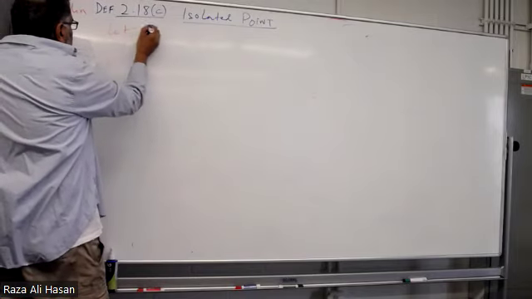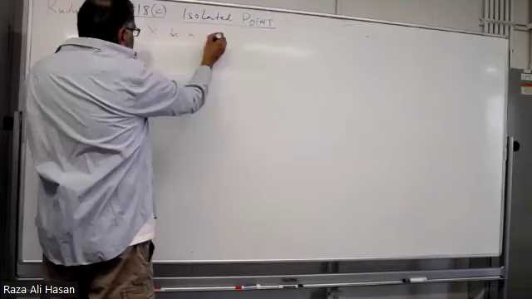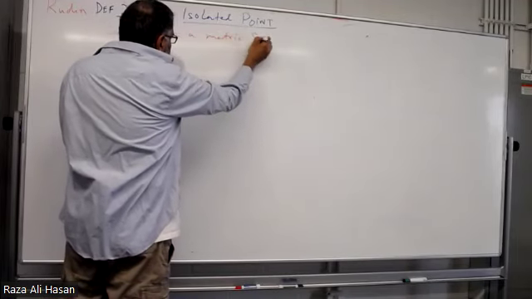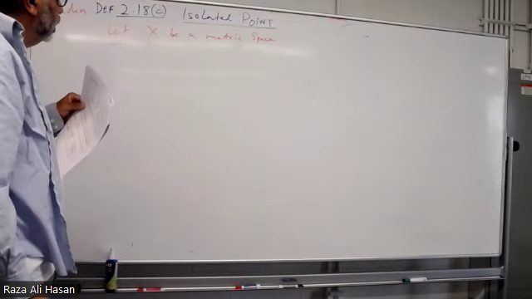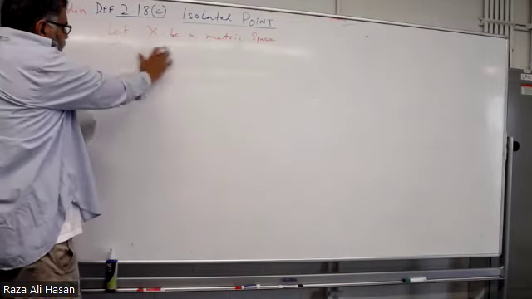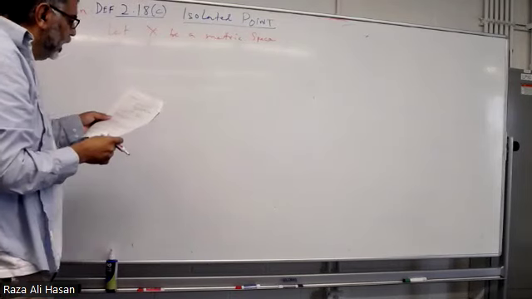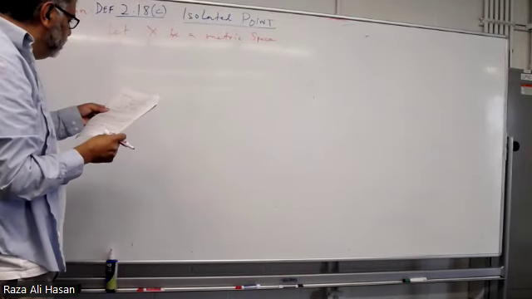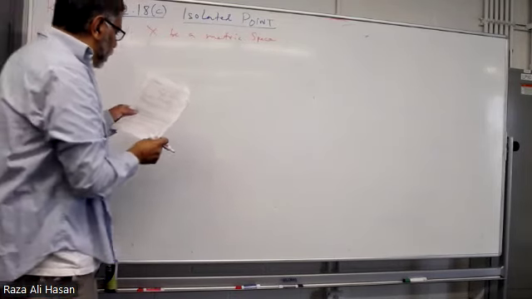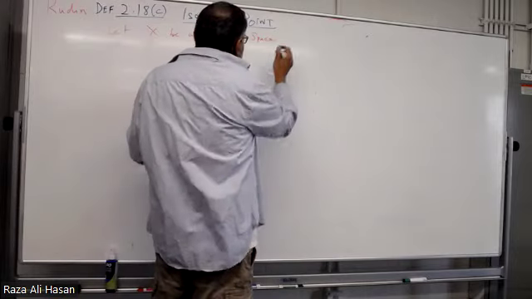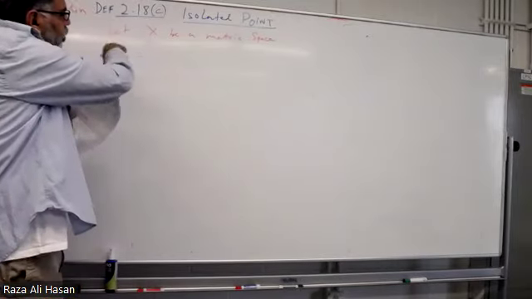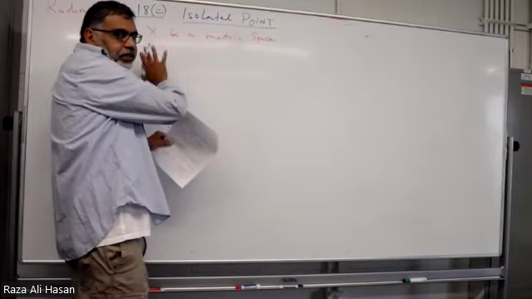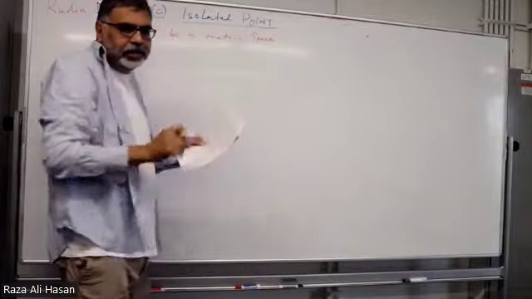So let X be a metric space. Just like for the limit point definition, I forgot to write this, but we should always have this in mind. Let X be a metric space. And then everything will be elements of X: all the points, and sets of points, will be elements of X.